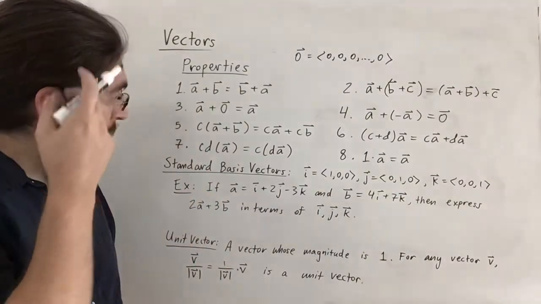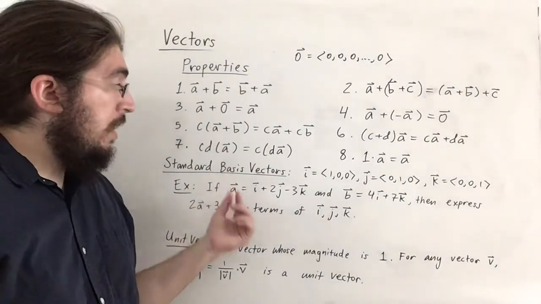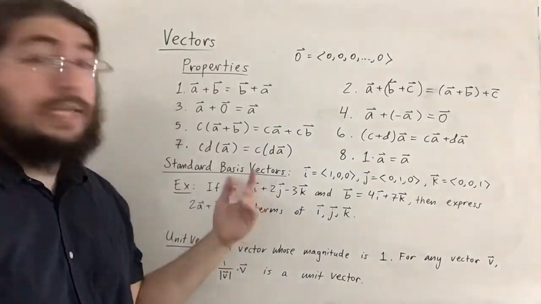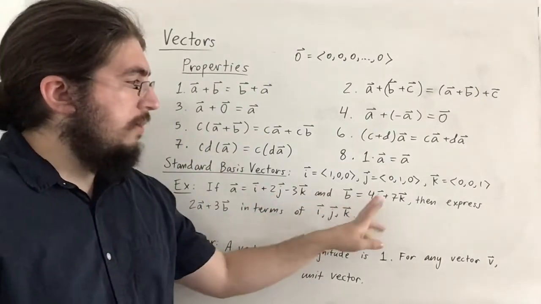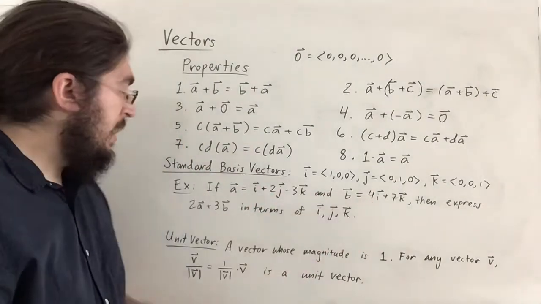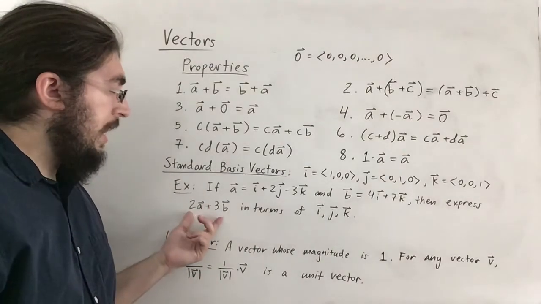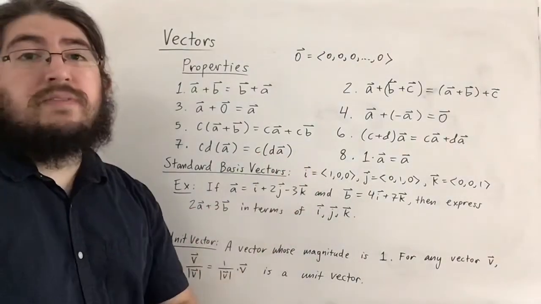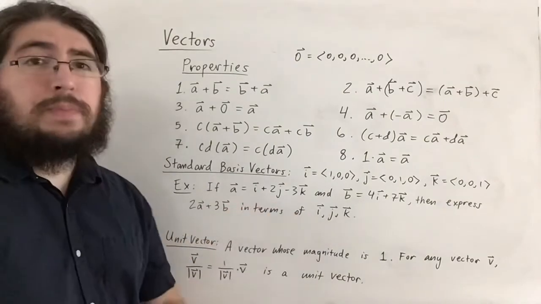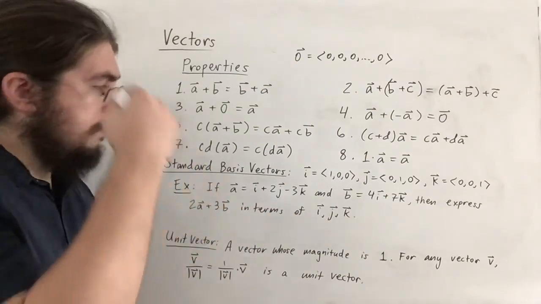Now, for this example, let's say that A is the vector i plus 2j minus 3k, and B is the vector 4i plus 7k. Then we want to express 2A plus 3B in terms of i, j, and k. And I haven't left much space here because it's actually very simple to do.